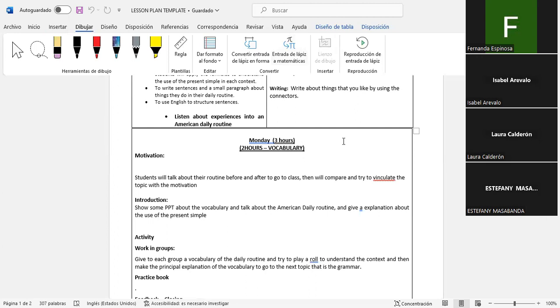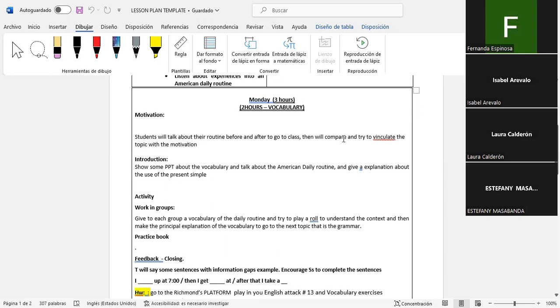It's important to link the vocabulary before explaining the grammar. Next, I continue with the introduction, showing PowerPoint presentations about the vocabulary, the American daily routine, and the differences between them. That could be an introduction, an explanation about the use of the simple present.